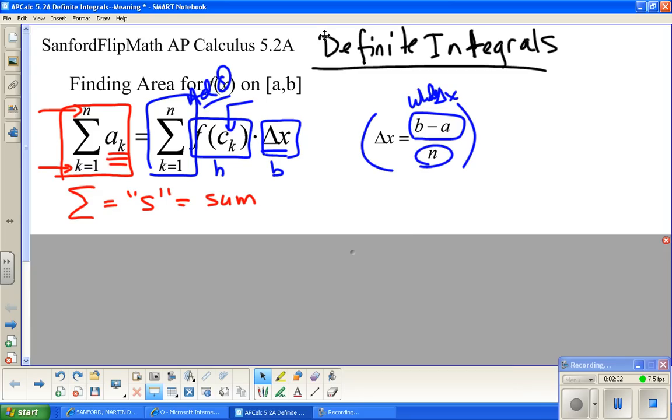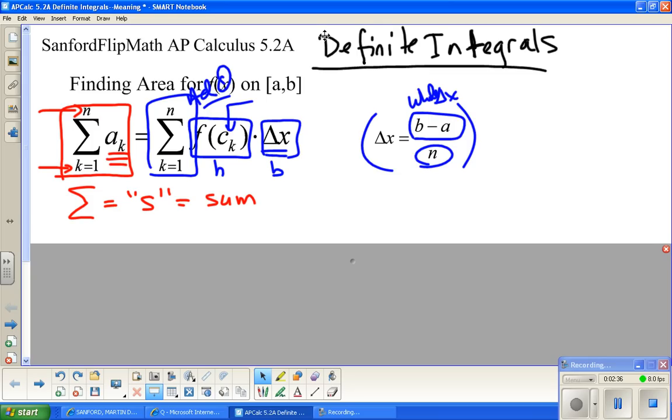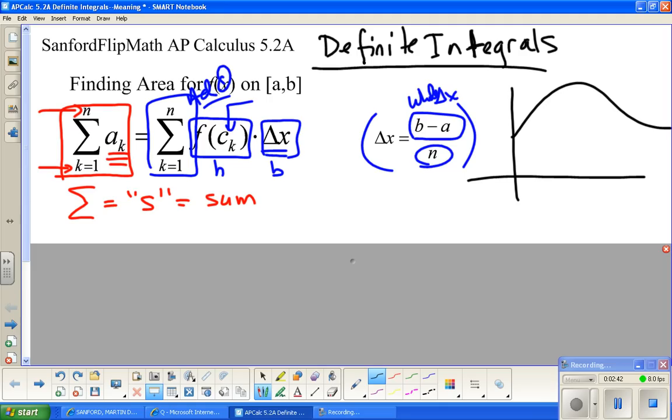Now, just to get a little picture of what's going on, if we were making rectangles, like if this is left RAM, something like this, just to get a feel for it.